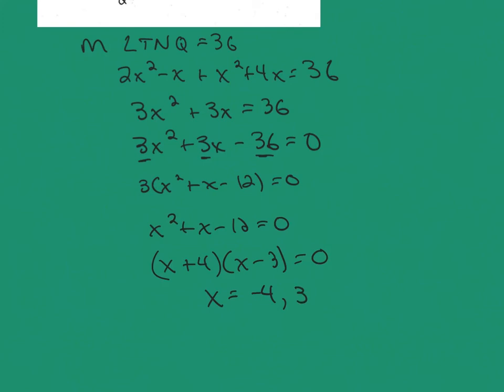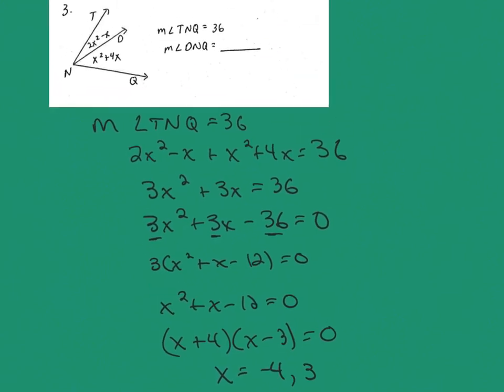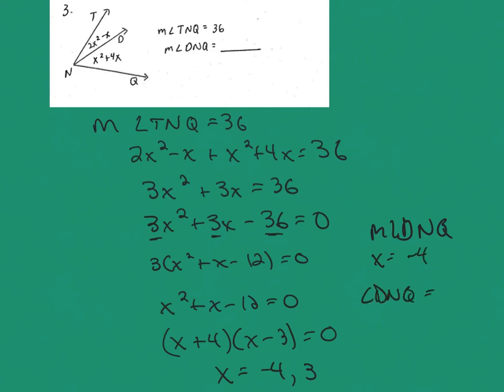Now, you have to plug both of these back in because either one of those is a possible answer for x. And when we plug back in, we see that the measure of angle DNQ could be, if x equals negative 4, then angle DNQ is going to equal 16 plus negative 16, or 0.